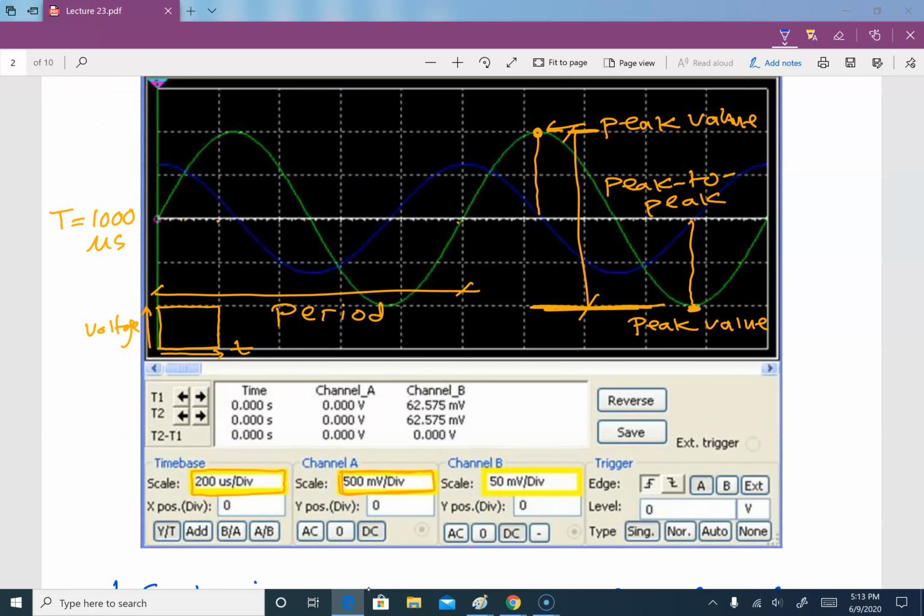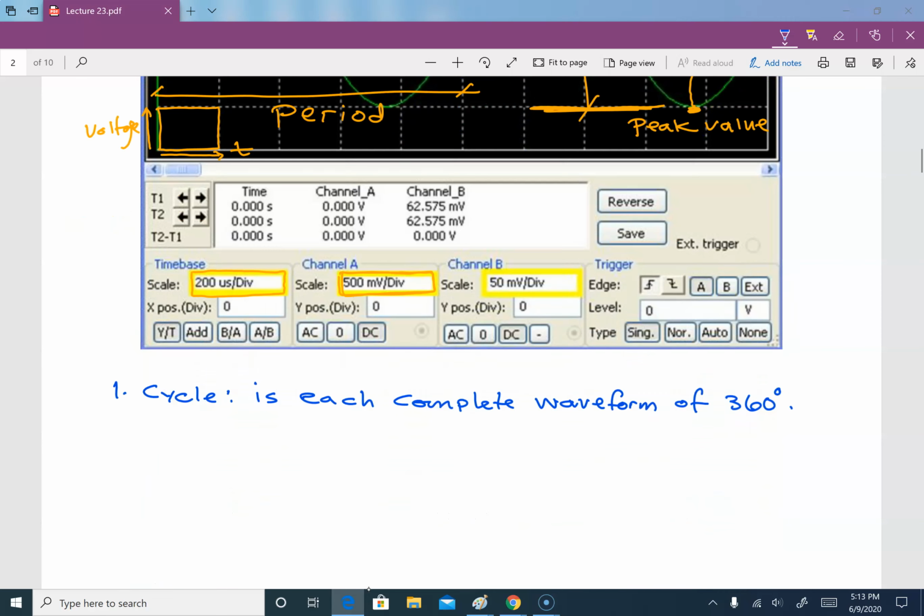When I go for the green sinusoidal waveform here, it starts from this point, goes positive, goes back to 0, then goes negative, and goes back to 0. At this point the waveform repeats itself. So the period is the time when the waveform repeats itself. This is our period here, and that is one complete cycle.